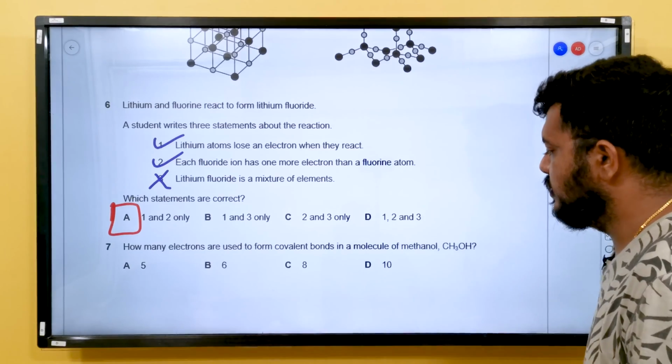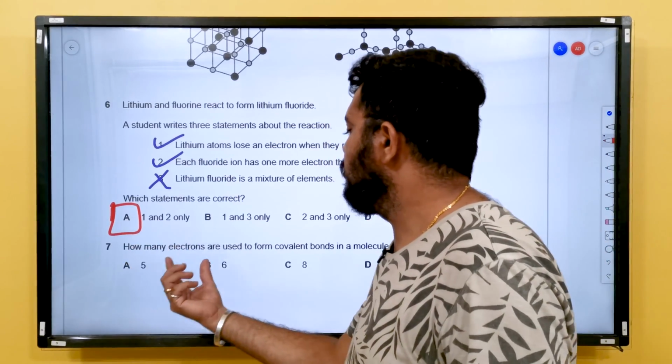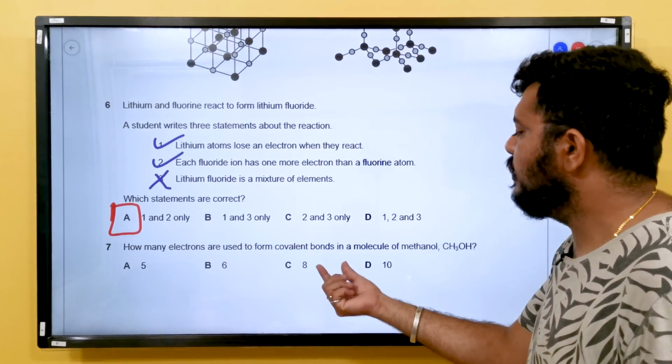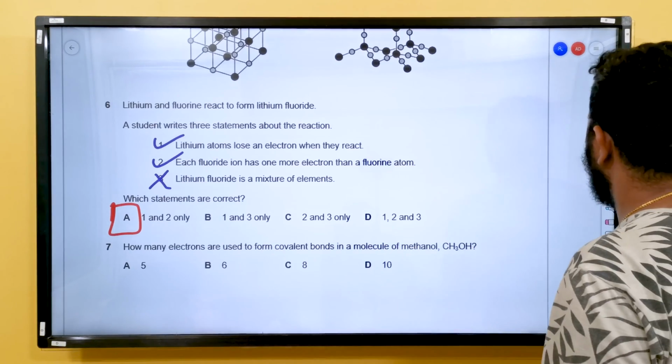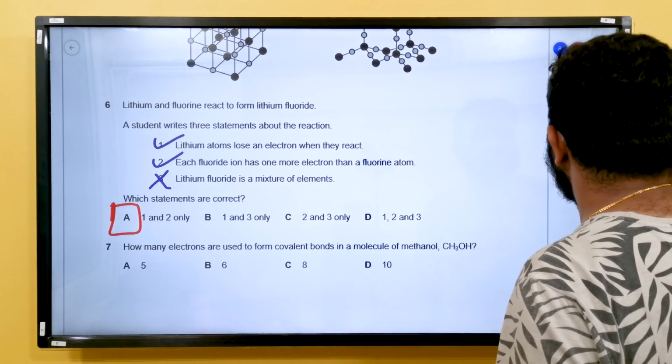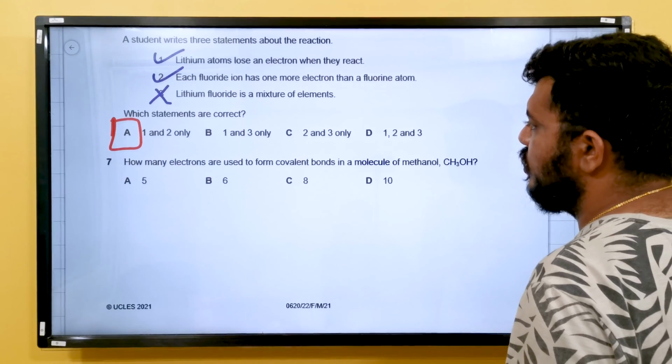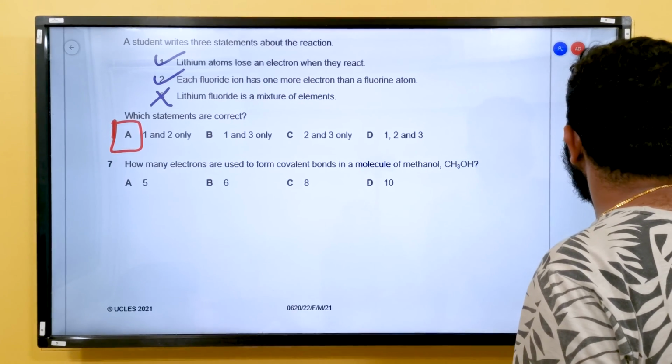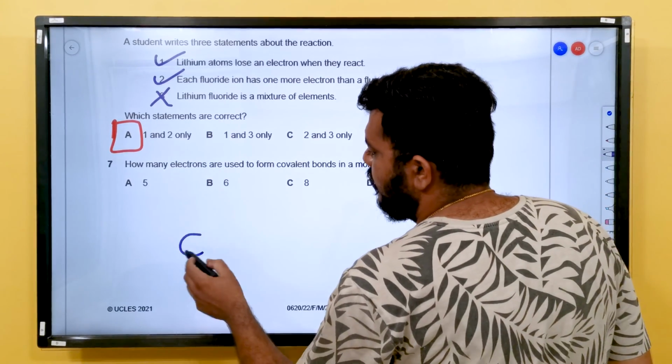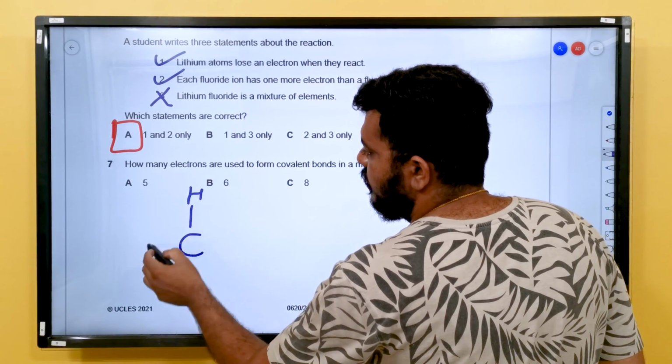Question 7. How many electrons are used to form covalent bonds in a molecule of methanol, CH3OH? To do this, let us draw a small structure of CH3OH.